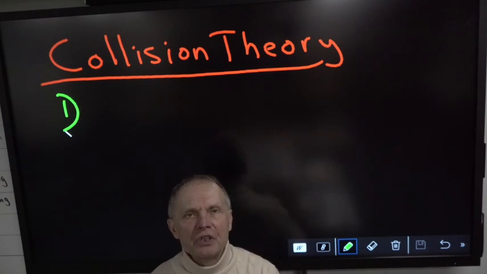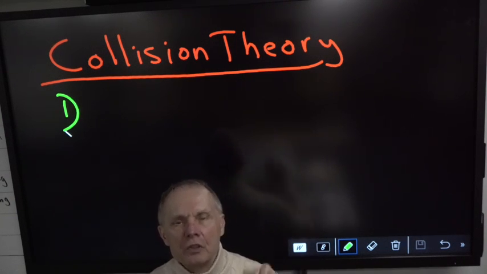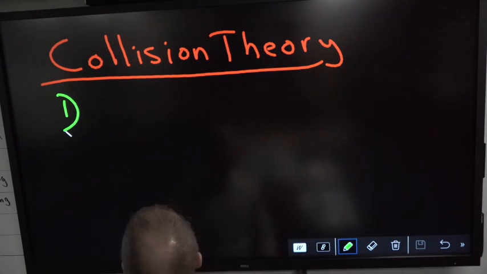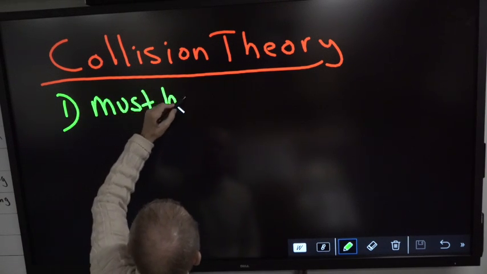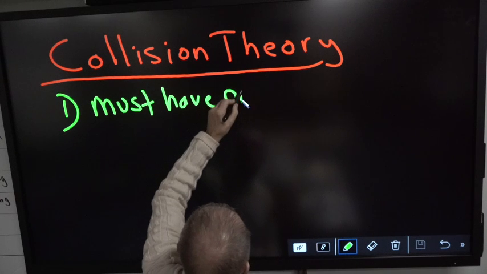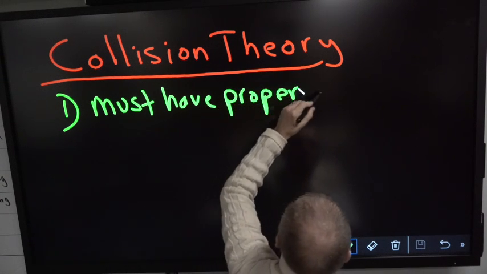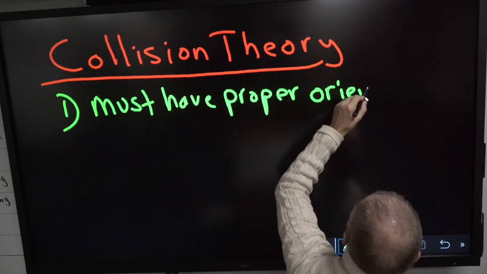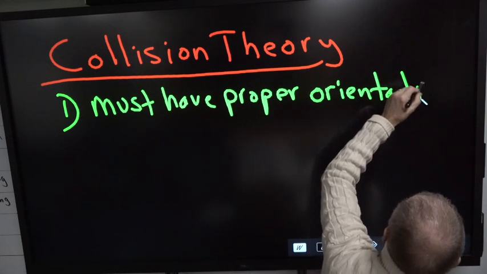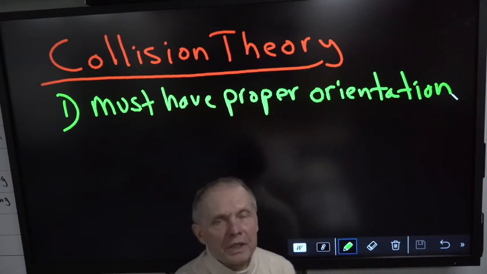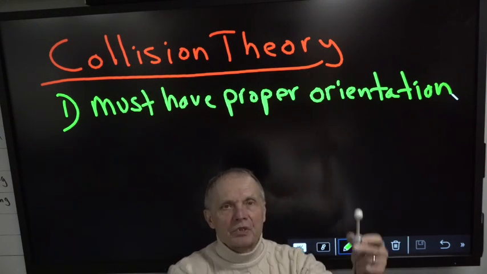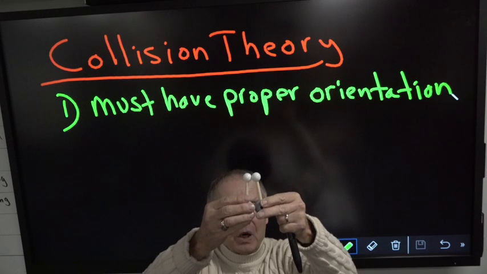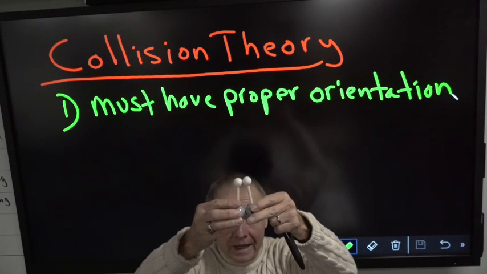So the very first thing under the collision theory is the two particles must have proper orientation. Proper orientation, all right, that means they must hit at precisely the right part of each molecule or atom.